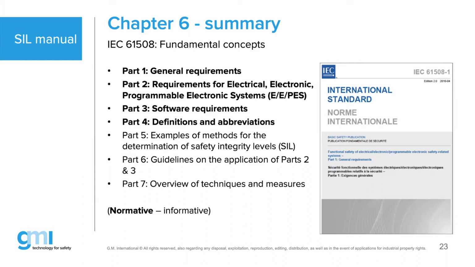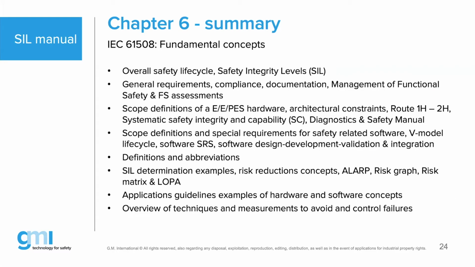They will use 5, 6, and 7 to prove evidence that they comply to part 1, 2, 3, and 4. And as I mentioned before, SC3 on the components, devices, or material from GMI means they can prove in part 7, in all the different tables of the standard, how to avoid and control failures, that they fulfill the SIL 3 level, and that's why they got SC3 as a statement on their certificate. Very clear explanation, Tino.